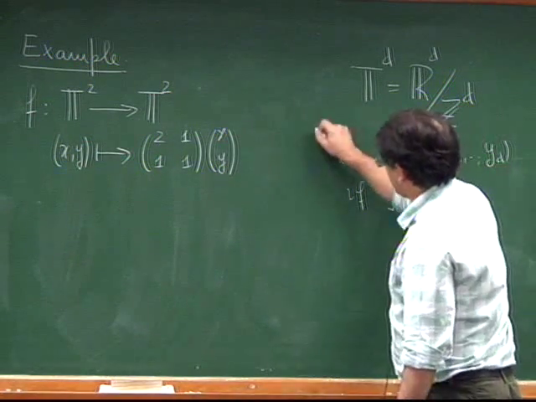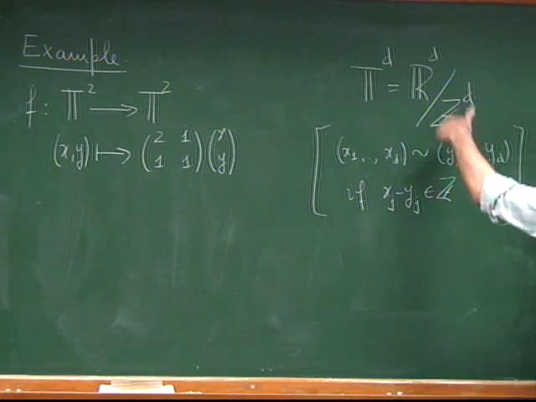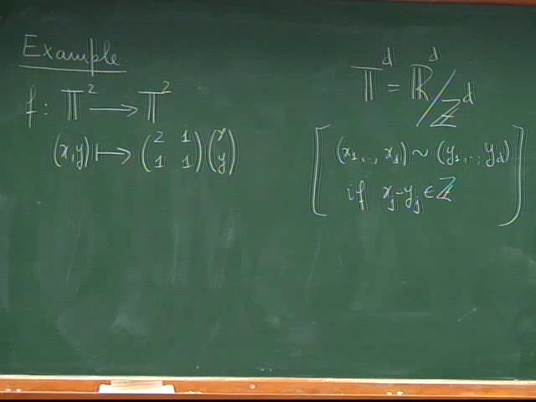Okay, that's what this means. It's formed by d-tuples, identified by this relation. Any two vectors whose difference is an integer vector are identified.